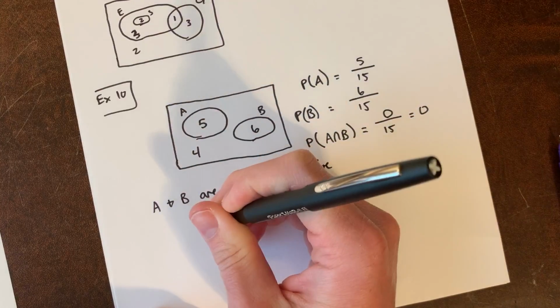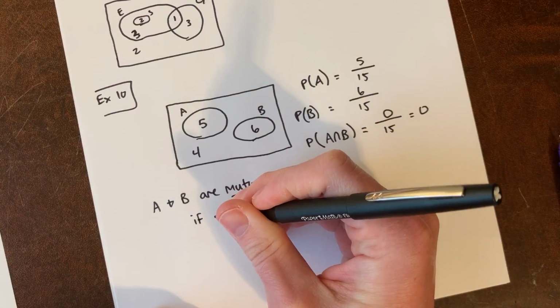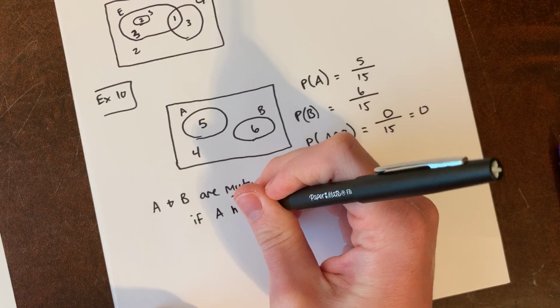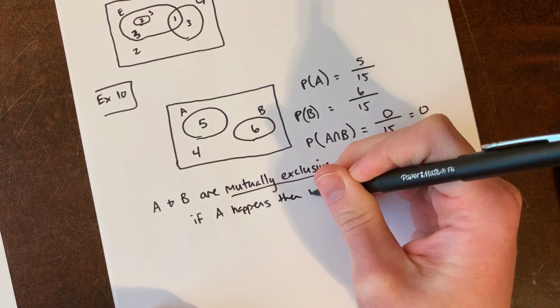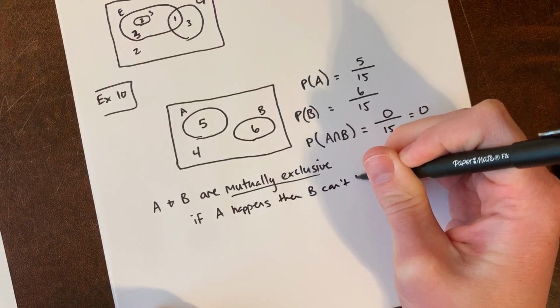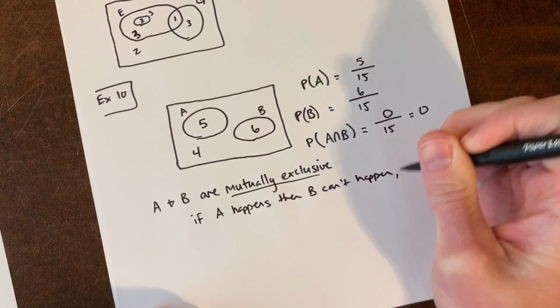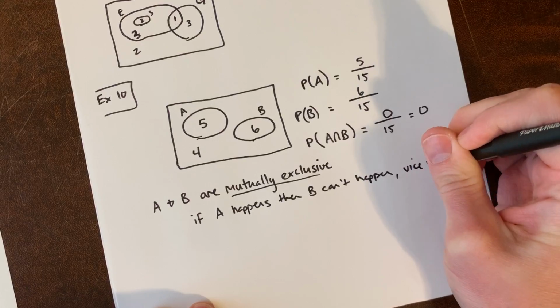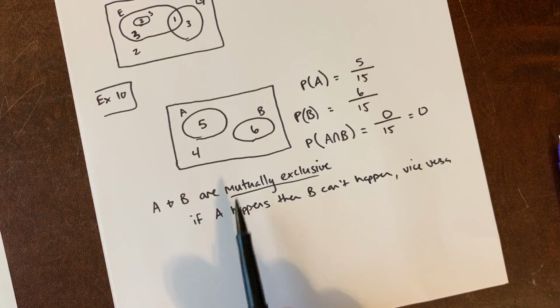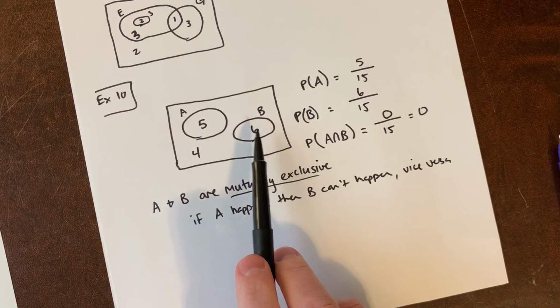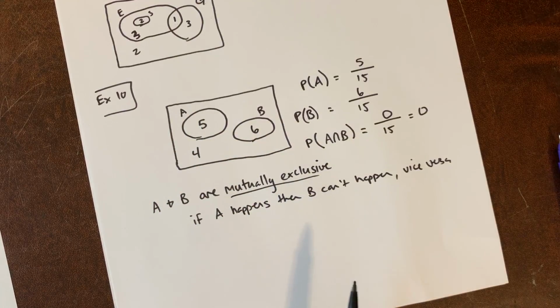And what that means is that if A happens, if you're in A, then B can't happen, and vice versa. So if you're in set A, you can't be in set B. If you're in set B, you can't be in set A. So you can have exactly 2 vowels in your name, or exactly 3, but you can't have both.